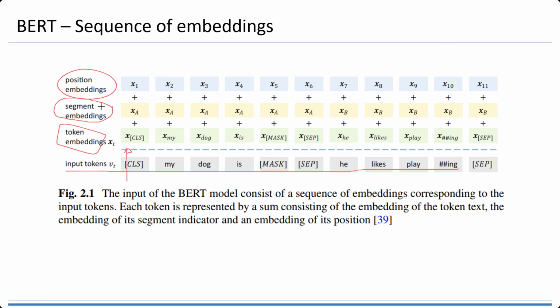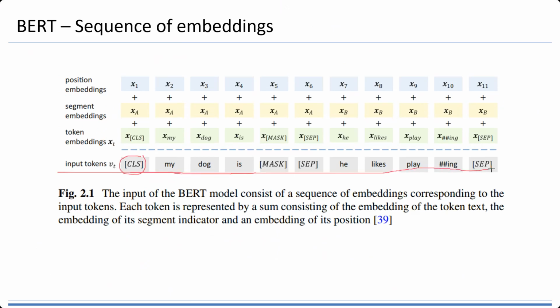Okay. So last section, we learned about the position embedding. Position embedding means we want to know whether the location of a particular word can be indicated by some formula. So the words, for example, like this one, CLS. So we call this the class. My dog is, and then we have the mask, something that is hidden. And then we have the separator, which means this is the ending of the first sentence.